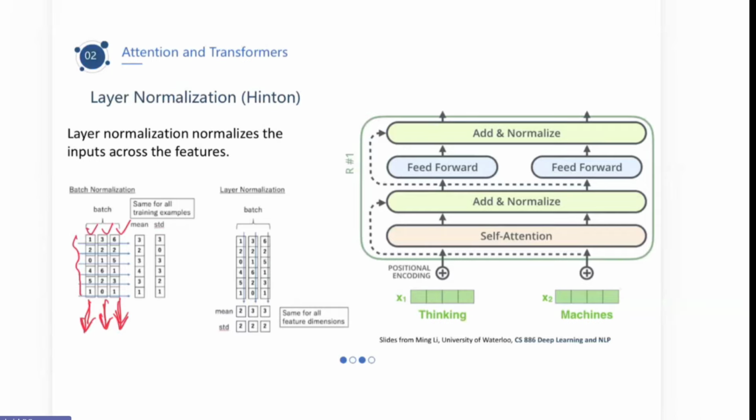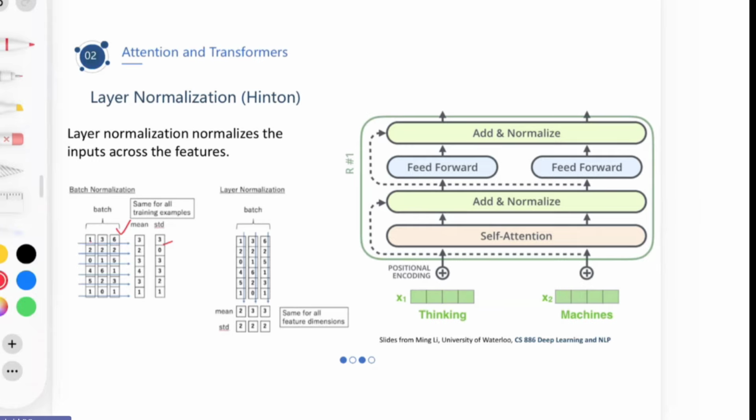How do we do it? We find the mean and standard deviation for each value. We go in a horizontal direction. For each sample we have these number of values. Considering one value from every sample, you find the mean and the standard deviation, and then you normalize it. So we are going in a horizontal direction.